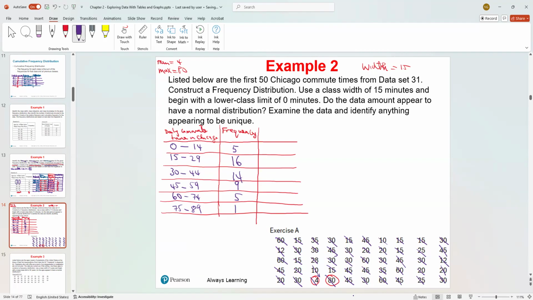Does the data amount appear to have a normal curve? A normal curve is usually one where you start with a smaller number, in the middle you have some larger numbers, then it falls again to smaller numbers. So the data amount does not appear to have a normal distribution. The distribution does not appear to be symmetric. If you look at this, you have too many data close to the beginning.